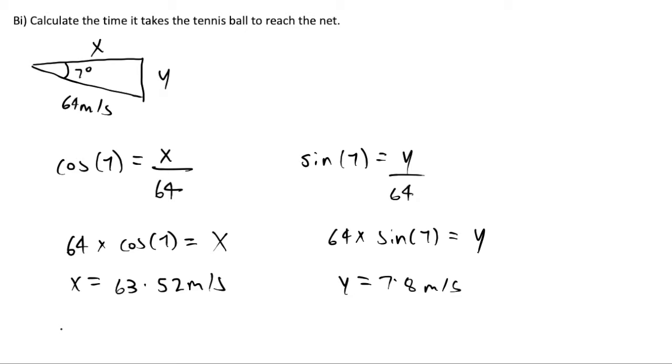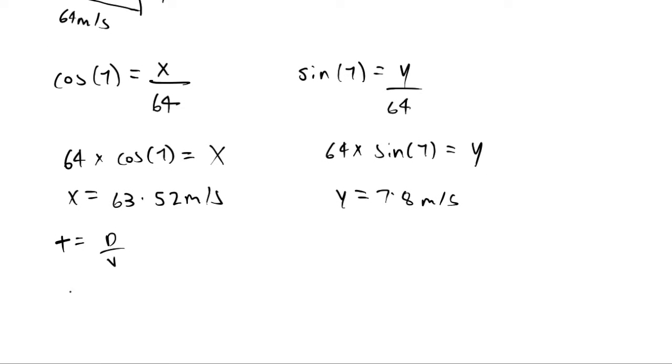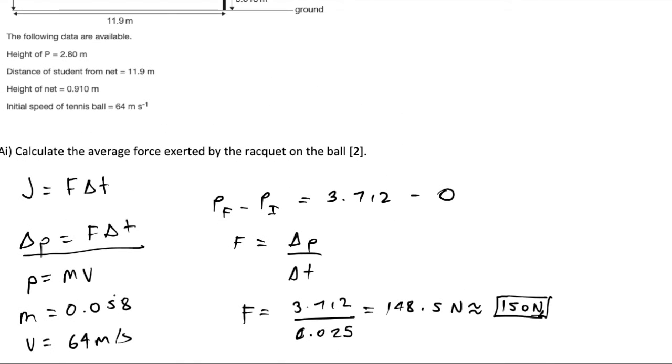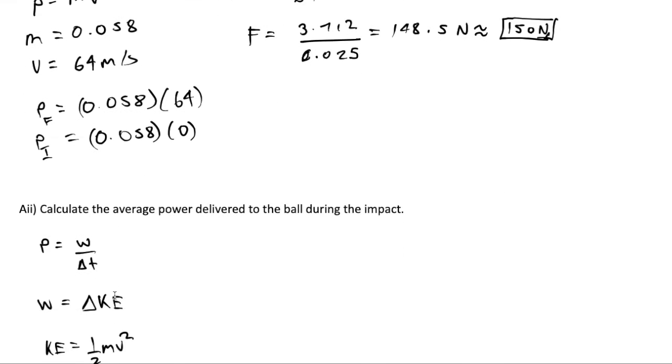What is it asking us to find? Time. Now note, for every projectile motion question, the horizontal component of velocity is always constant, so we can directly use the formula t is equal to distance over speed v. So we can put this into the equation. Time is equal to the distance, which was given earlier, 11.9.